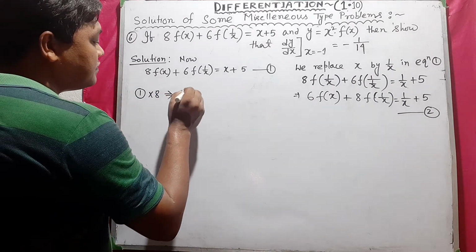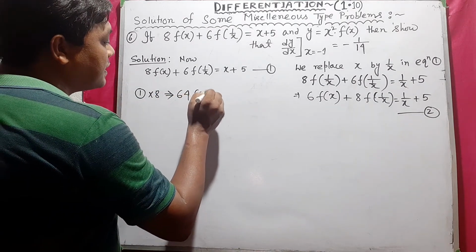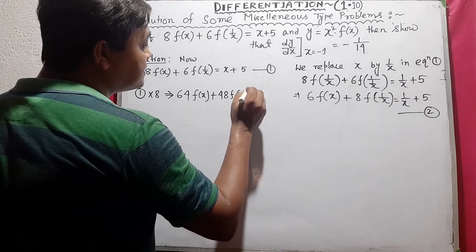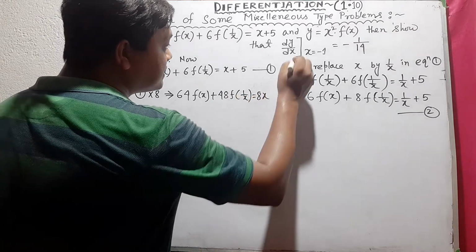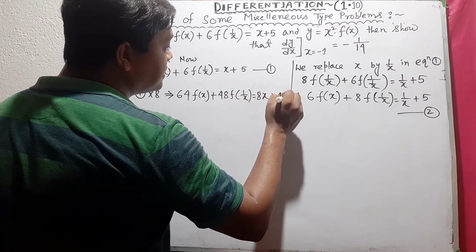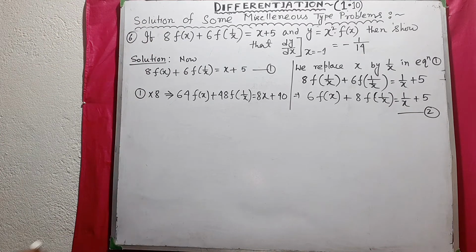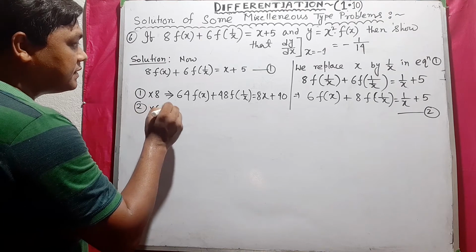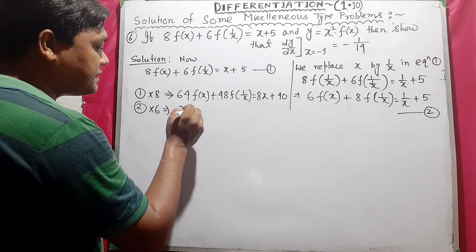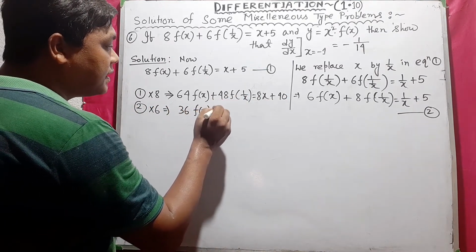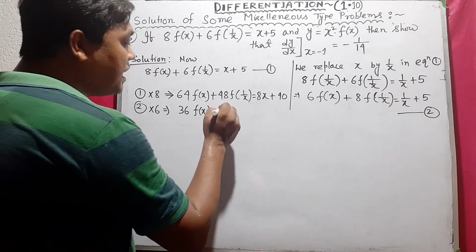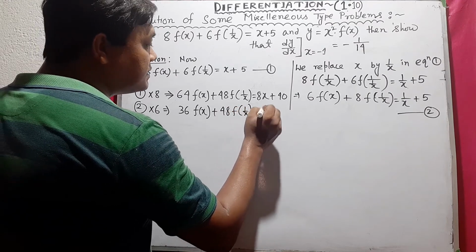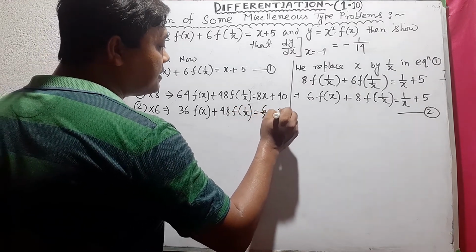That is 64f(x) plus 48f(1/x) equals to 8x plus 40. Okay. And equation number 2 we multiply by 6. So that is 36f(x) and 48f(1/x), 6 by x plus 30.